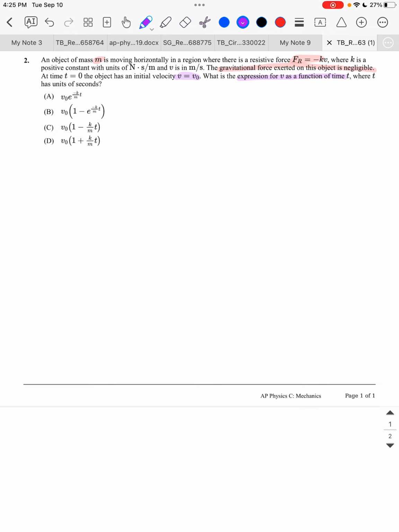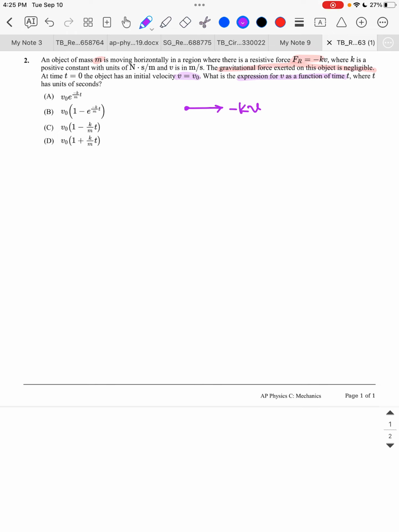So the first thing we're going to do, and you should always start with this, and this is why we mess up on this in class, is that when we read the question, there's no gravitational force. We can say that the resistive force, let's say the object is moving to the left, the resistive force is negative kv to the right, and that's the only force acting on it.